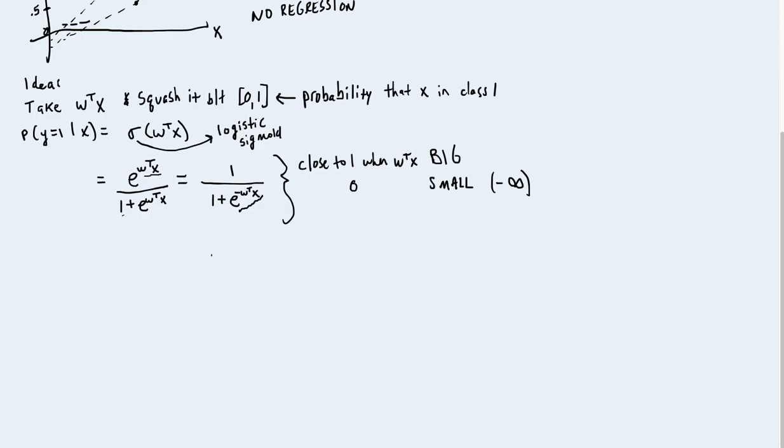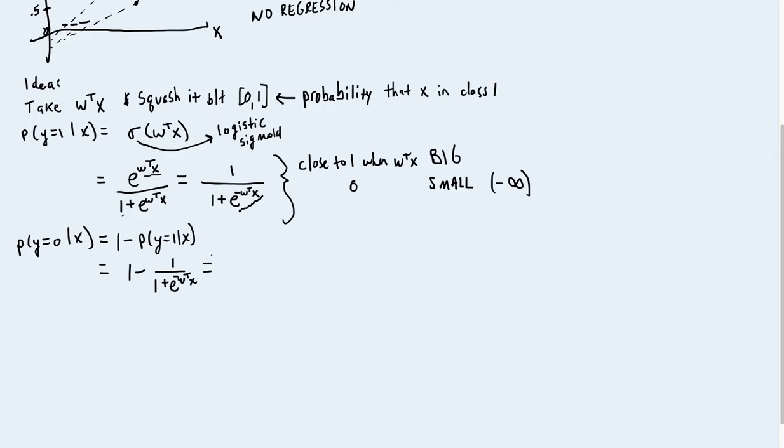All right, so now that we've defined the logistic sigmoid, let's write out what the probability that y equals 0 is, given x. By definition, that's just 1 minus the probability that y equals 1 given x, since there's only 2 outcomes. And that's equal to 1 minus, and let's use the second form from above, 1 over 1 plus e to the negative w transpose x.